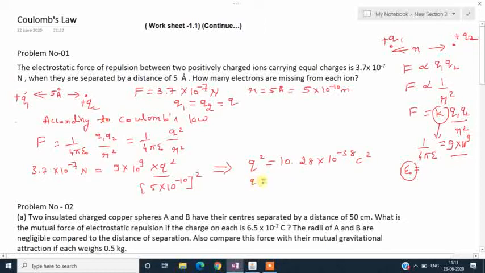So Q will be equal to the square root of this, which is 3.2 into 10 to the power of minus 19 Coulomb. So this much charge each one is having.